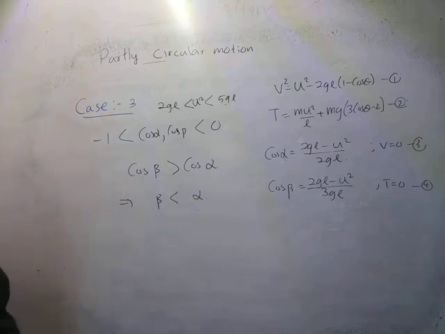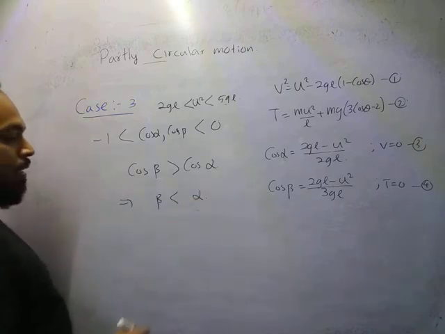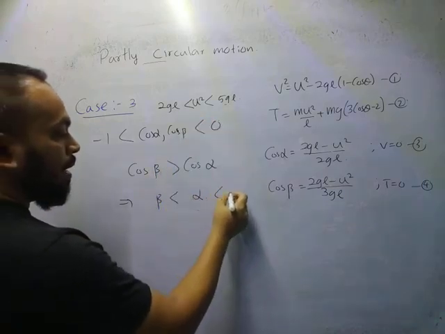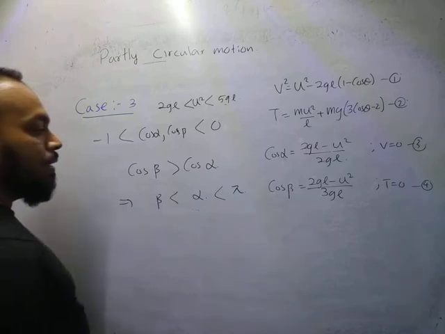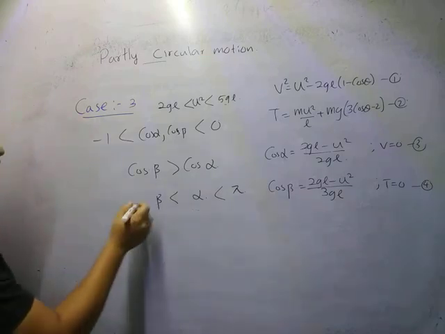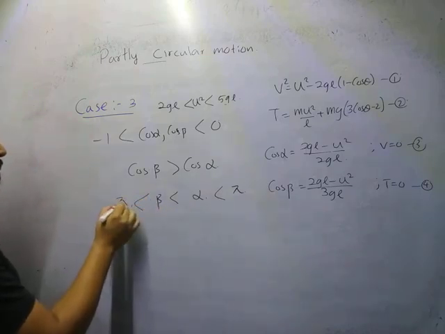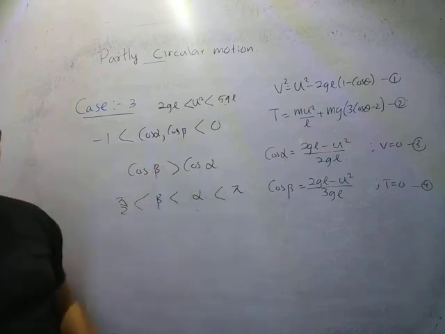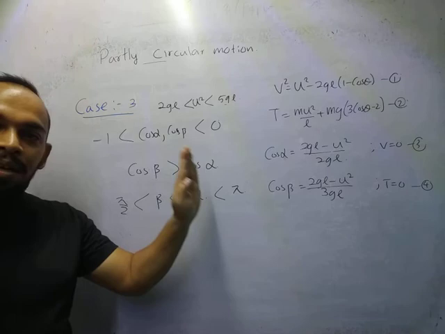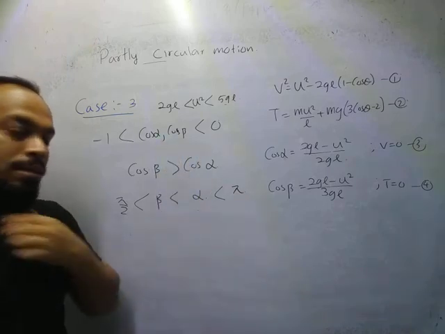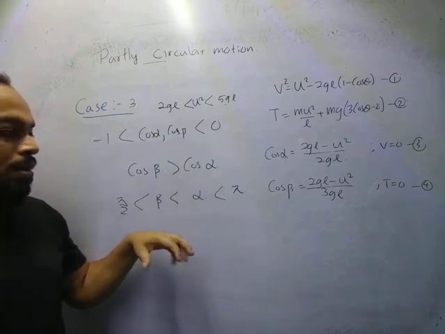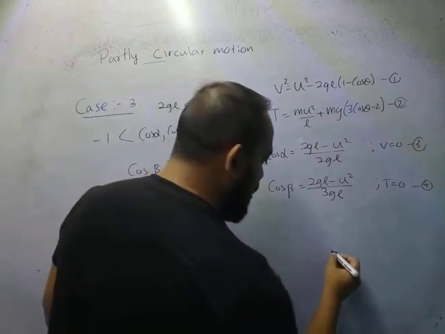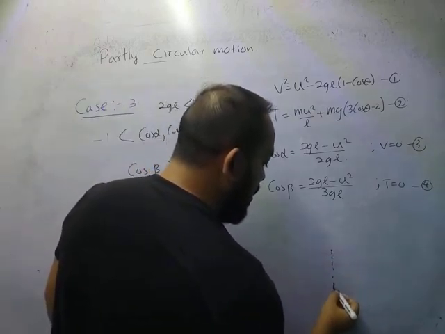Also, since they are negative, both must be greater than pi by 2, because this will happen in the second and third quadrant. So let's focus on the second quadrant first.